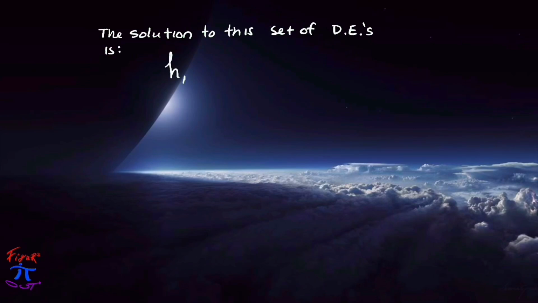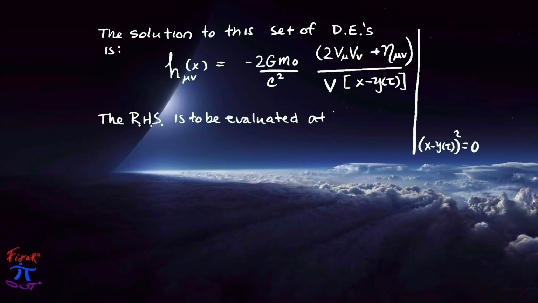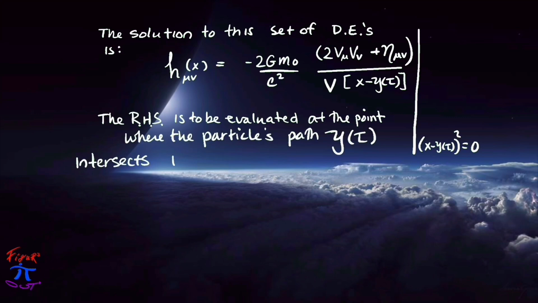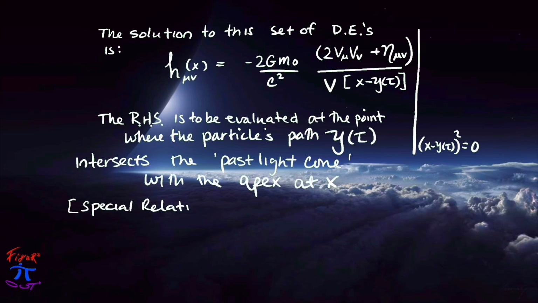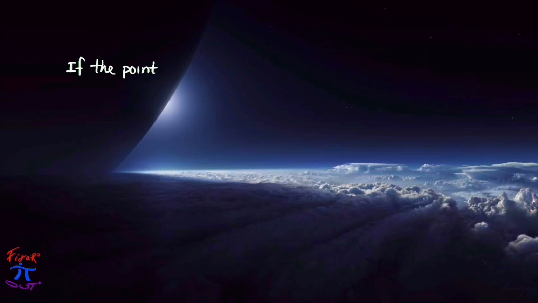So the solution to this set of differential equations, the metric h mu nu, can be extracted to be this expression, and the right-hand side is to be evaluated at the point where the particle's path y of tau intersects the past light cone with apex at x. If you're not familiar with past or future light cones, check out a video on special relativity.